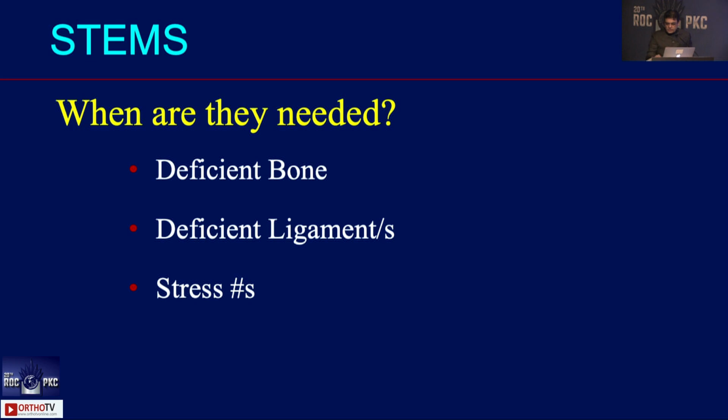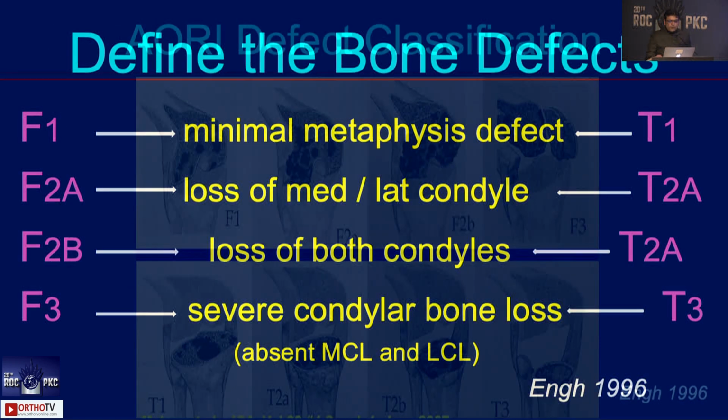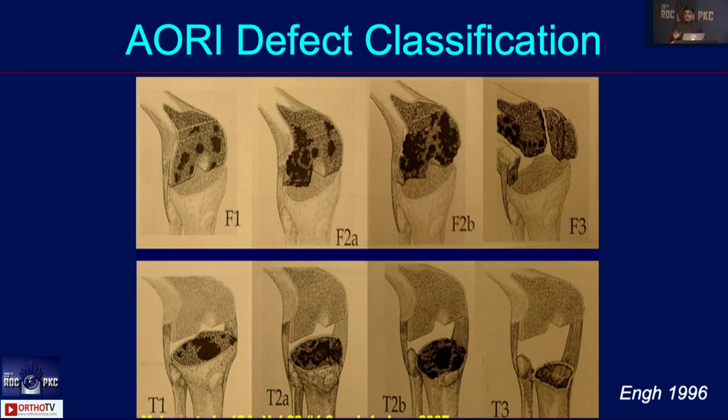Also, if there is a stress fracture that you're treating, so this we heard about the ORI classification. It's a good classification to start thinking because it will give you an idea of what you need to do. F1 simple, either tibia or, let's go one by one. F1, F2, F3, both either on the tibial or the femoral side.